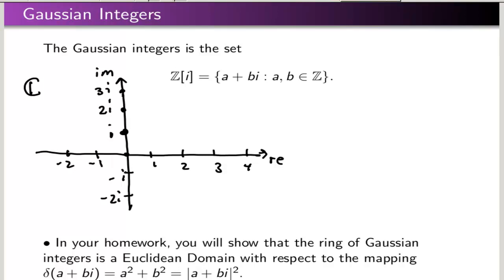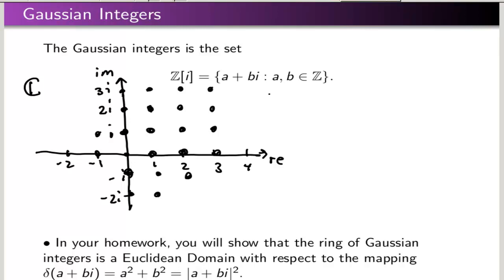And if we draw this grid of integer points, so what do I mean by that? I mean points with integer coordinates, like that. That set of points is what I mean by the Gaussian integers. So all complex numbers of the form a plus b times i, where a and b are any integers.